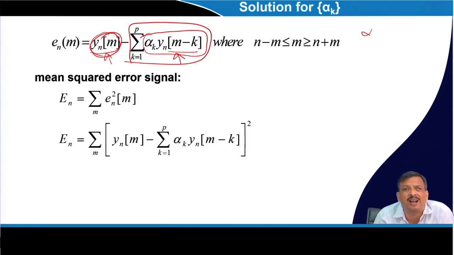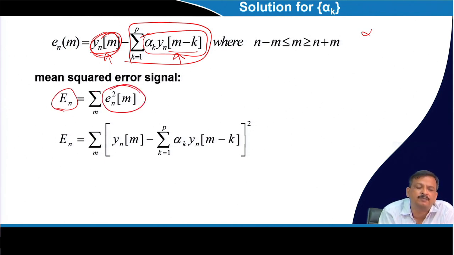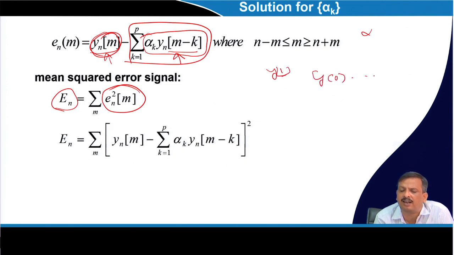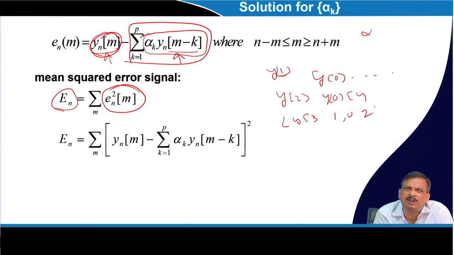So what is the mean square error? The mean square error E_n is nothing but the sum of the square of the error over all m. I can estimate y1 from y0, y2 from y0 and y1, y3 from the earlier samples, like that, with a predictor of order p.